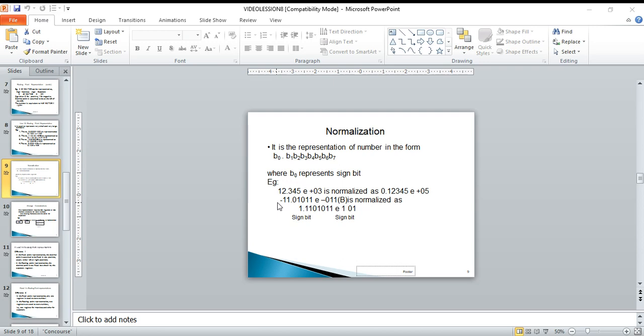By moving this point towards the right, we get plus 2. Then 010011, by this one we will get minus 1. For the sign bit, take 1 as the sign bit. Why? Because the exponent is a negative number. So take the sign bit as 1, and 01 is the exponent value. This is the way of normalization.